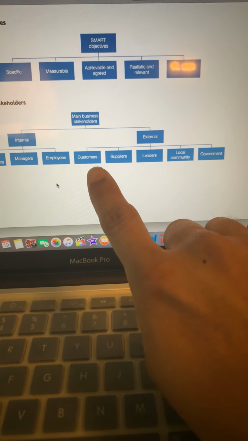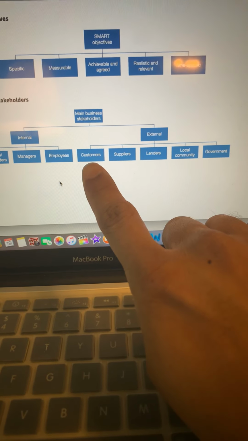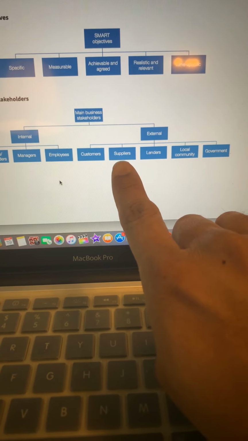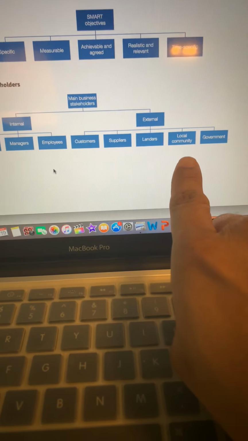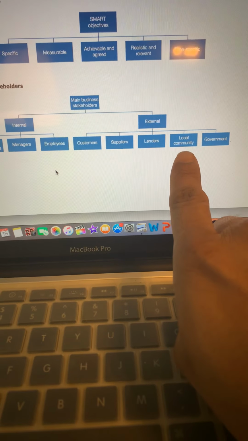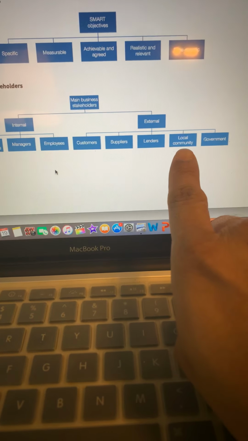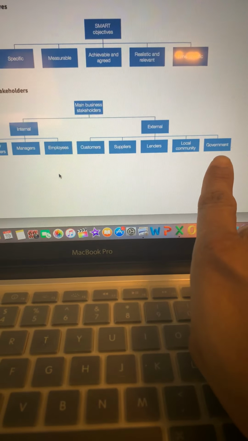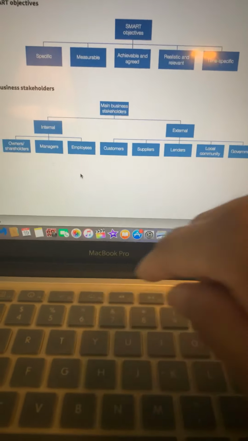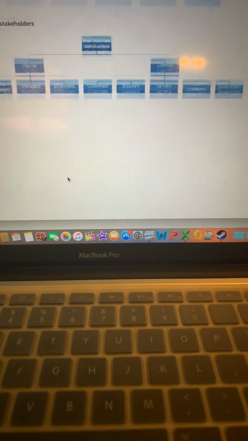Customers are concerned about the lowest prices possible and highest quality. Suppliers want payments on time. Lenders want payments on time as well. The local community wants them to be ethical, and wants them to have positive externalities. The government wants to receive tax on time and that jobs will be created for people. These are all foundational stuff you need to remember.